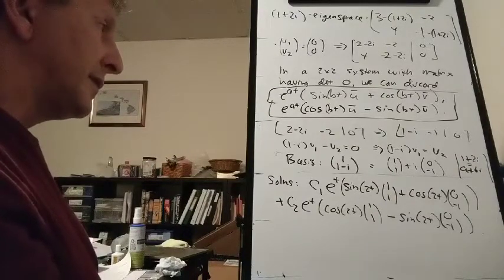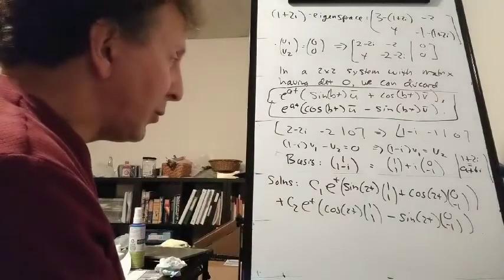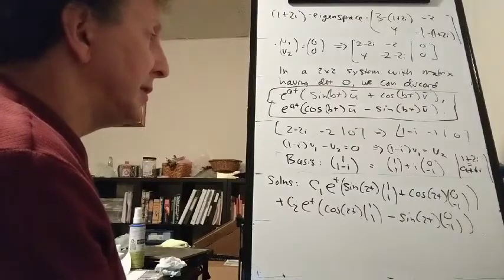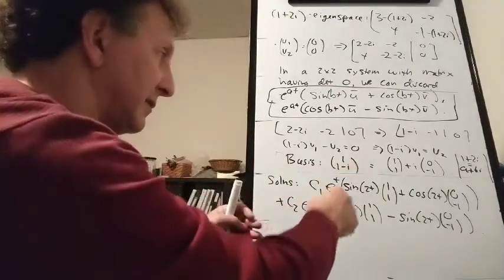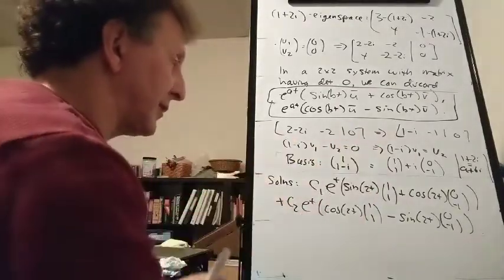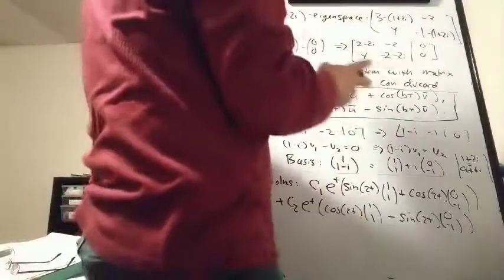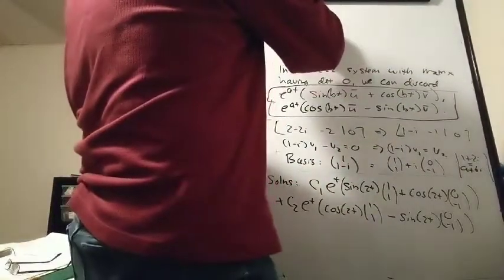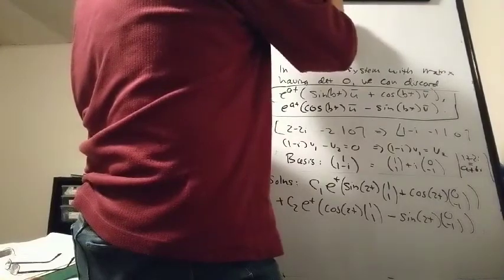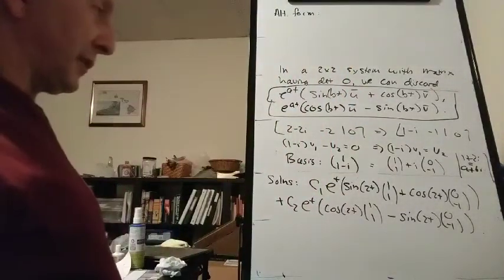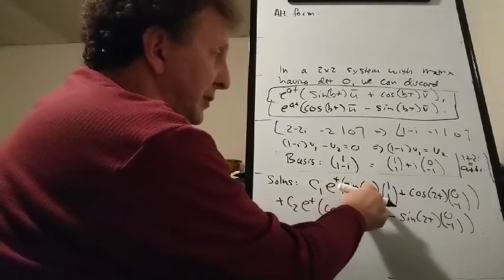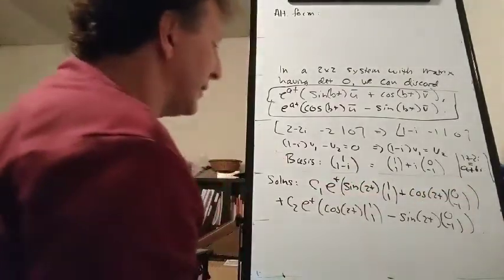So I guess this is a natural way to write this, but we could, if we wanted to, combine it into one vector instead of having all these sums of vectors and products. So in case we wanted to rewrite it, let's see what's in the first component. We've got c1 e to the t sine of 2t, and then that's going to be 0 there.